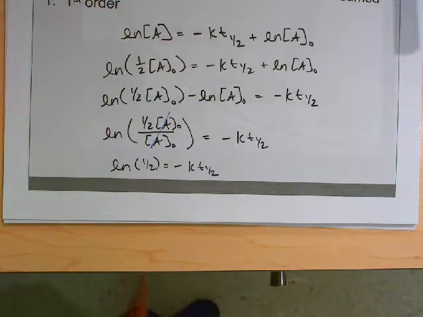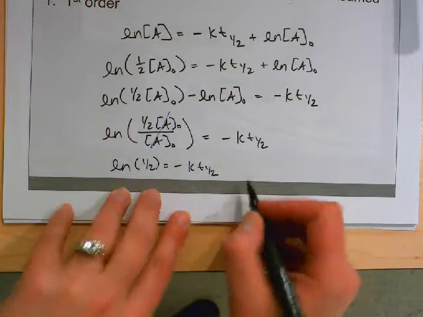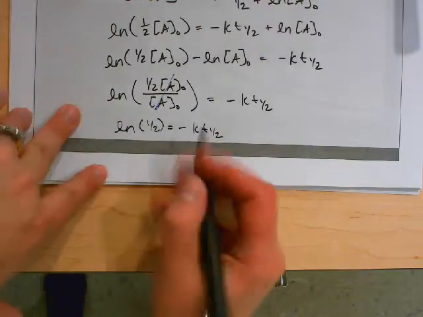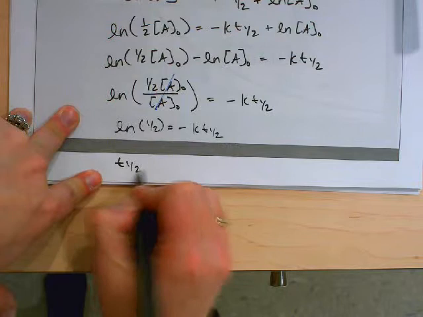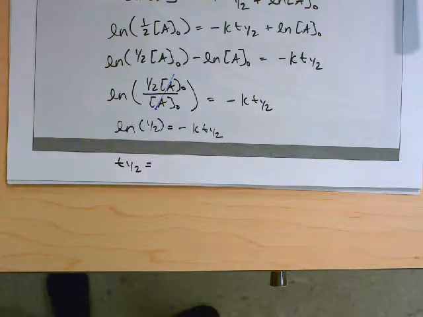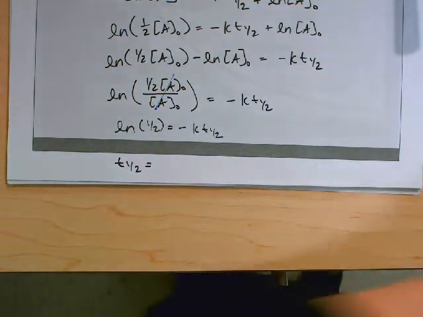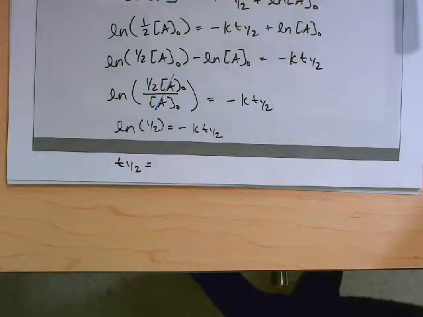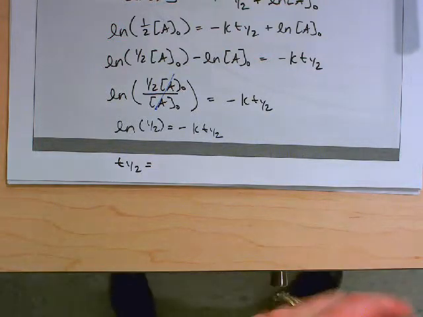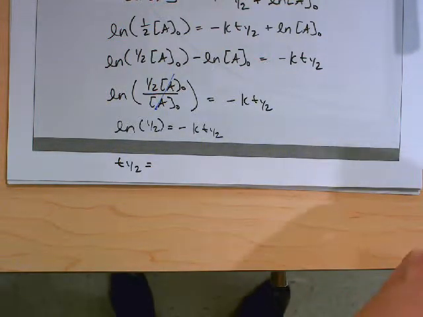If I'm looking for the time required for this to happen, I want the time by itself. That's the thing I'm solving for, so I'm just going to rearrange this equation. And let me see what that is.